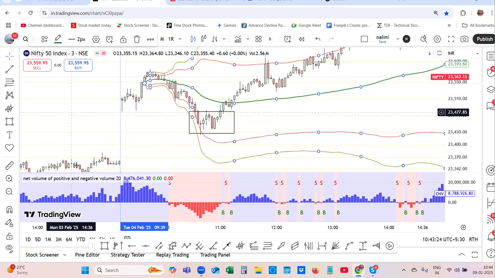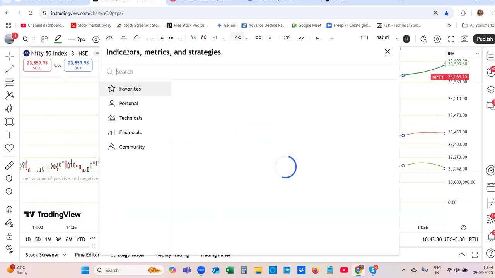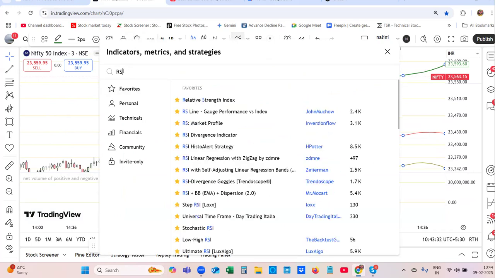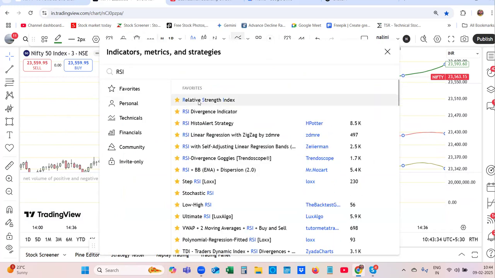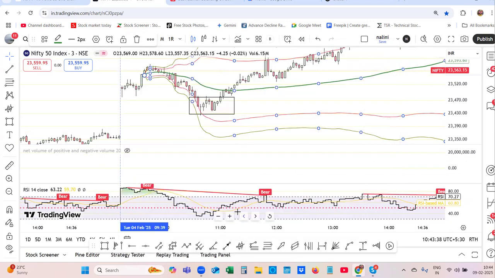Let me hide this and I will apply RSI for the cross check. I'm applying the RSI for the cross check. You can see correspondingly RSI forming a double bottom, and also it is consolidating beneath its moving average.